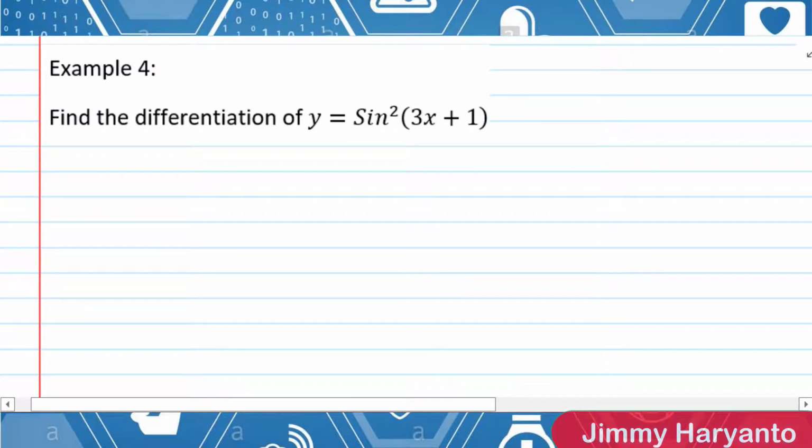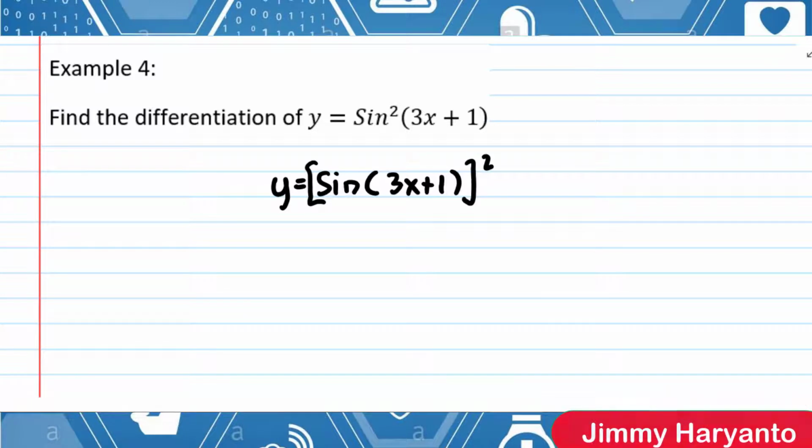Next is example 4. For example 4, y equals to sine square 3x plus 1. Yeah, so for this one we also have an inner function, but this time we have two inner functions. Why? Because we have square on the sine. So I can rewrite the function like this: sine 3x plus 1, square.